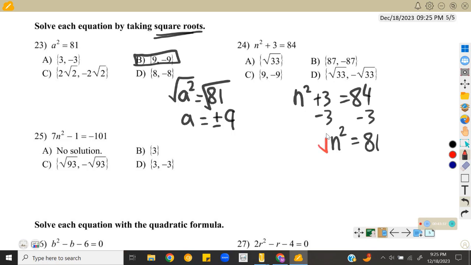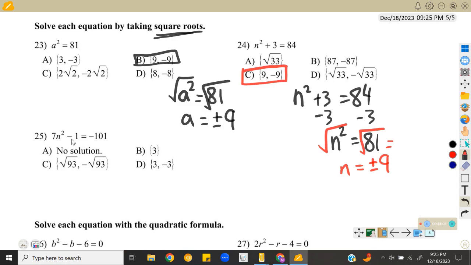And now if I take the square root of both sides, we see that we get the same answer as the last time, where we get plus or minus 9. Because, again, the square root of 81 is 9, because 9 times 9 makes 81. So I'm not going to go over too much. If you need to study more square roots, you could watch a different video. But we'll try this one right here.